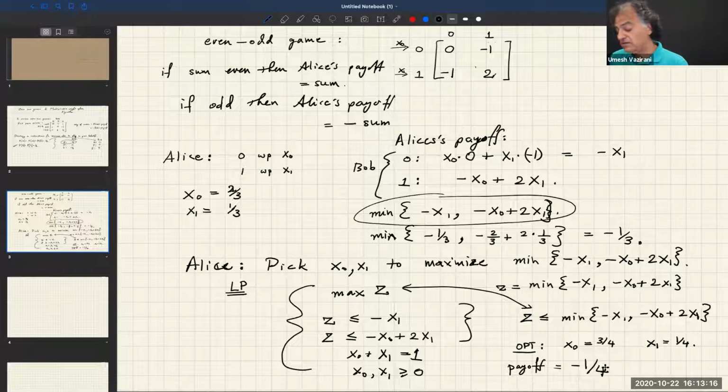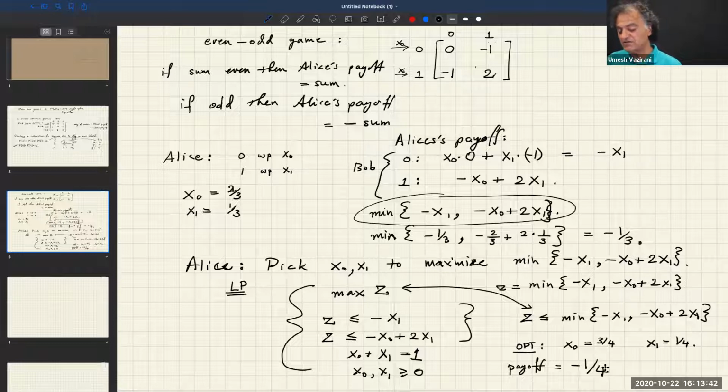Well, Alice has decided on a strategy, right? We may as well assume that Alice even announced in advance, look, this is how I'm going to play. I'm just going to pick 0 with probability x0, 1 with probability x1. Everybody knows this, so now Bob knows this.